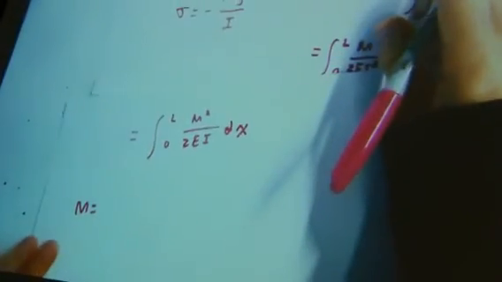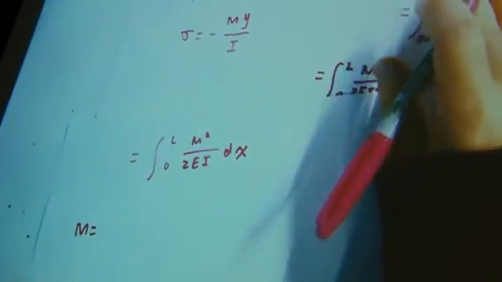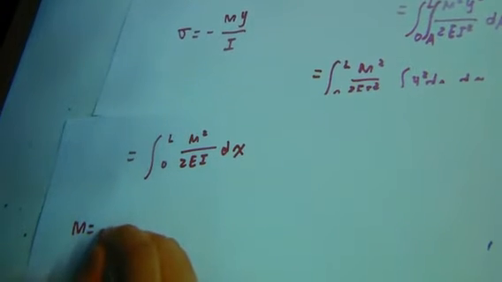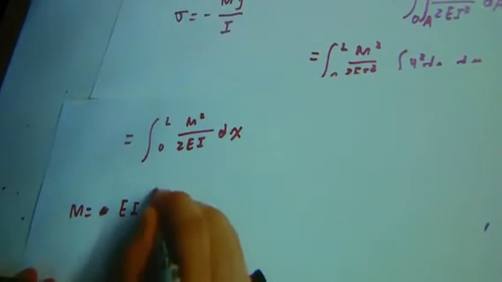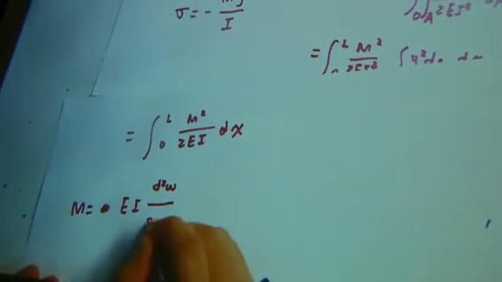M is related with the second derivative of the deflection. So this is EI times the second order derivative.